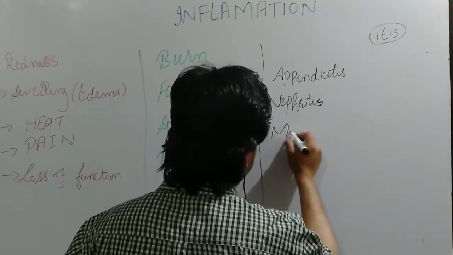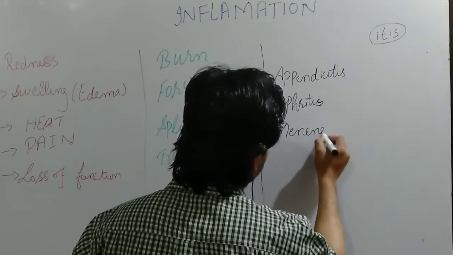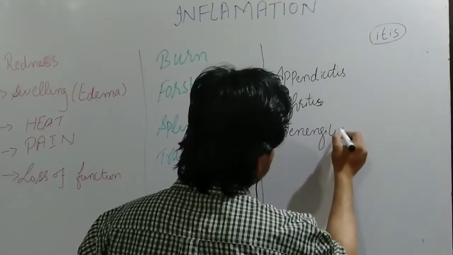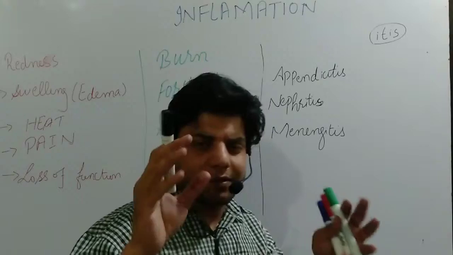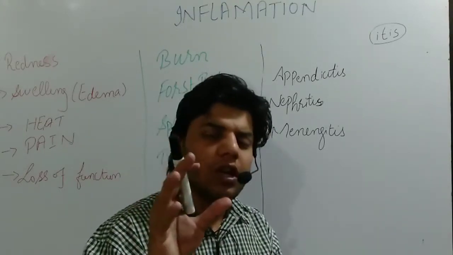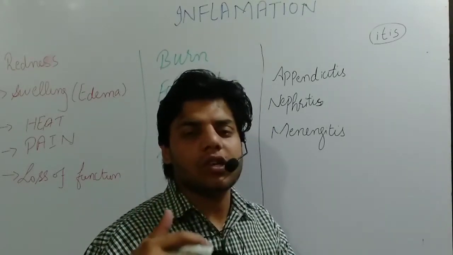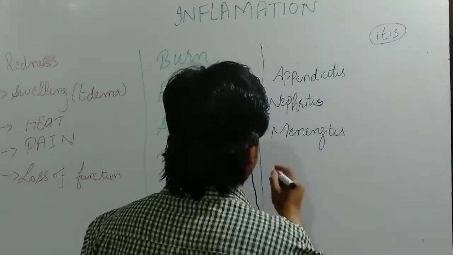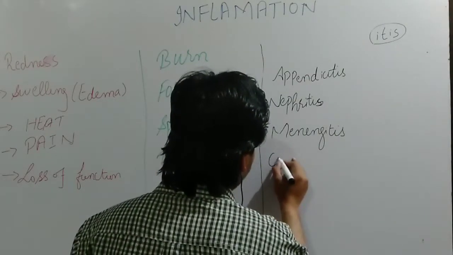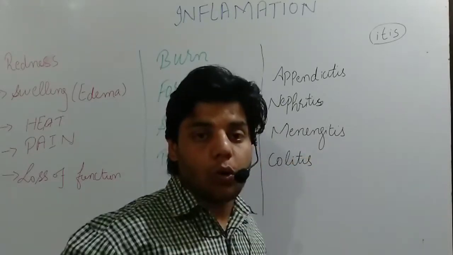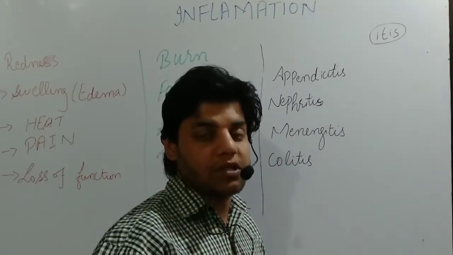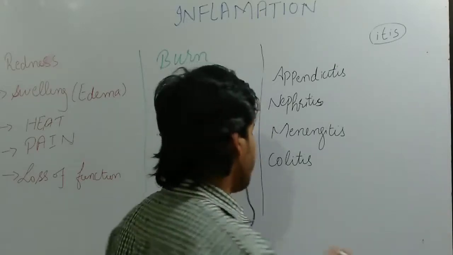Then we have meningitis. Again, it is the inflammation of the brain area. The meninges are present, in which the inflammation happens. We call it meningitis. We have colitis, in which the colon swells up, which is also a sign of inflammation.